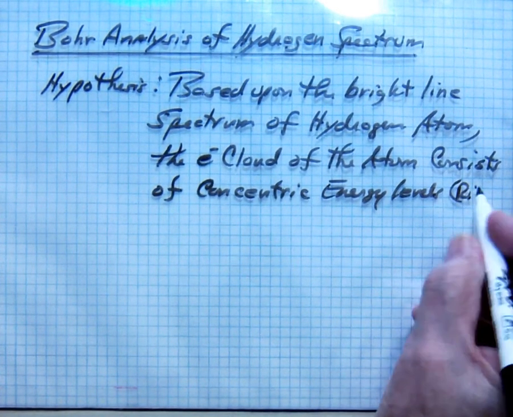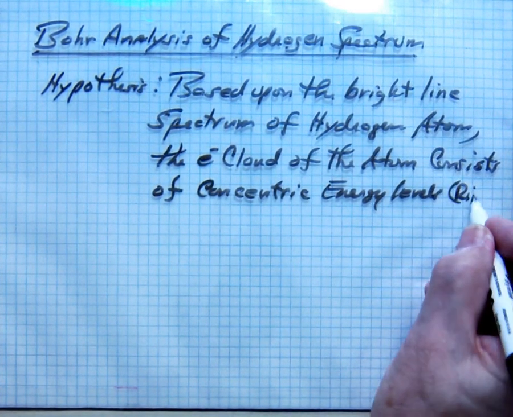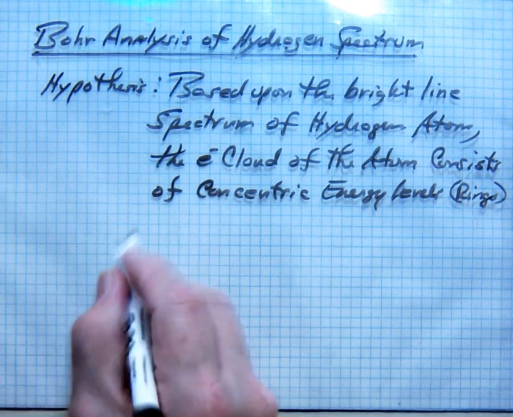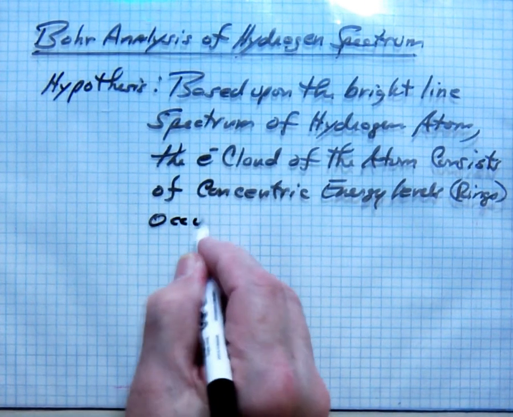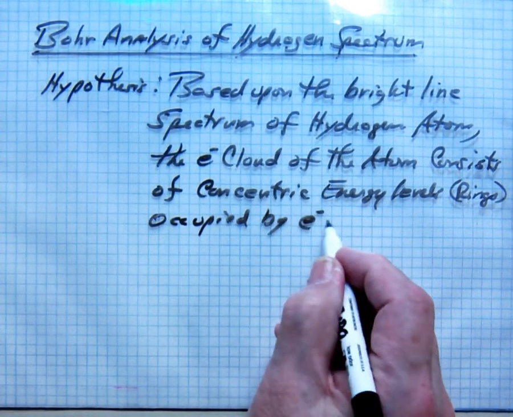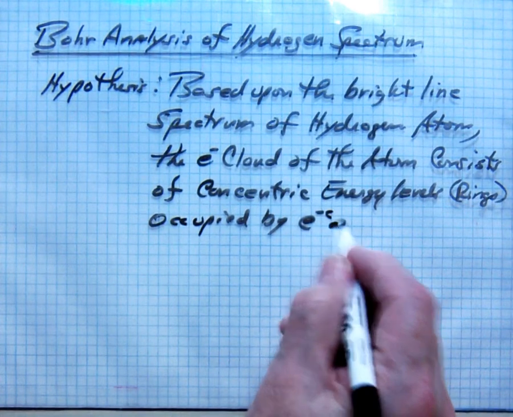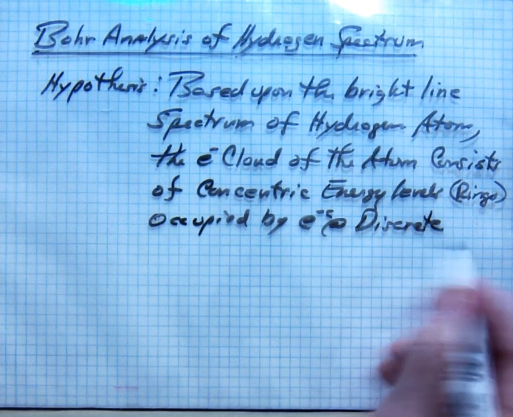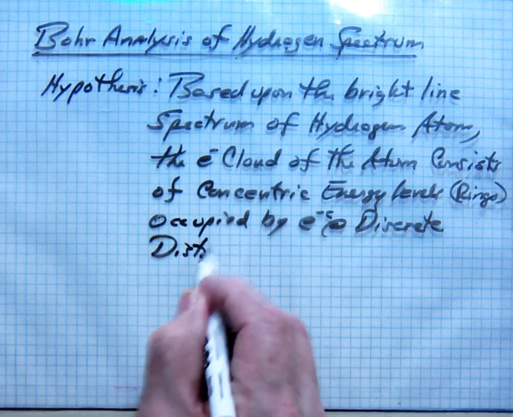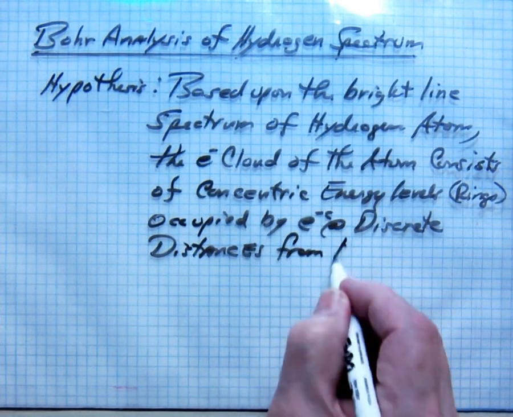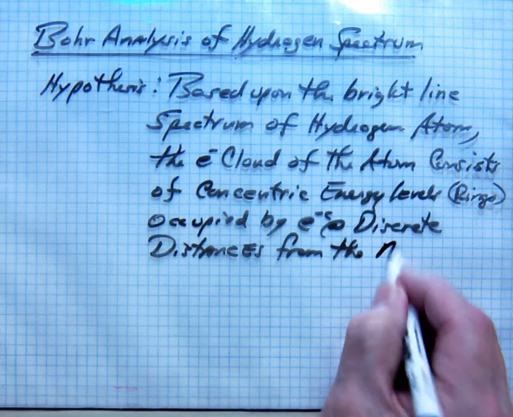I'm going to put out there my interpretation of energy levels. Rings, okay, occupied by electrons at discrete distances from the nucleus.